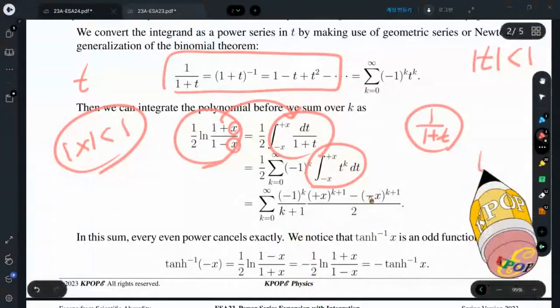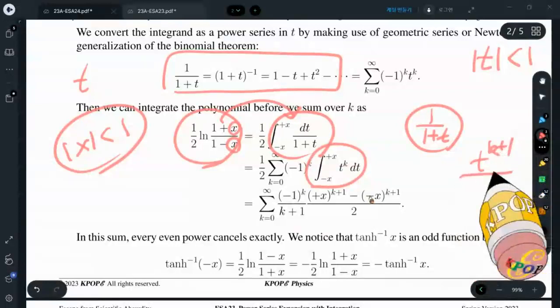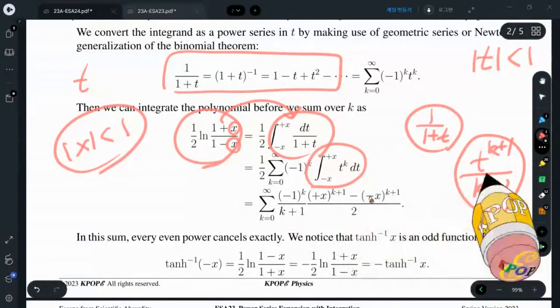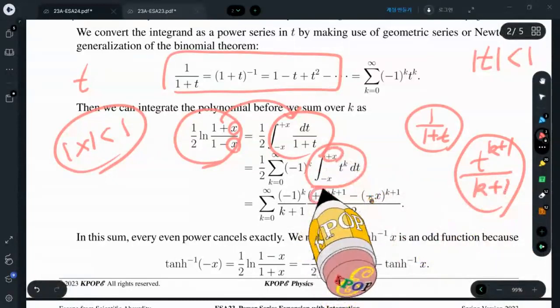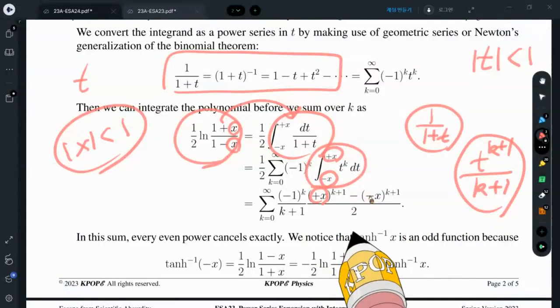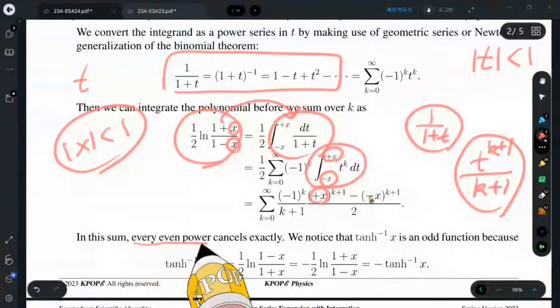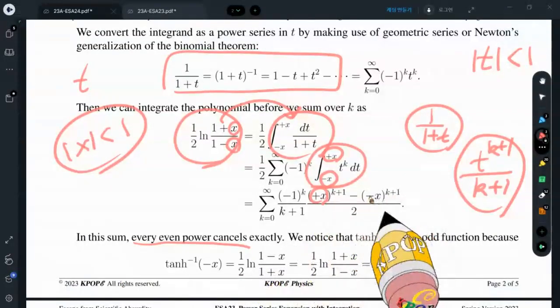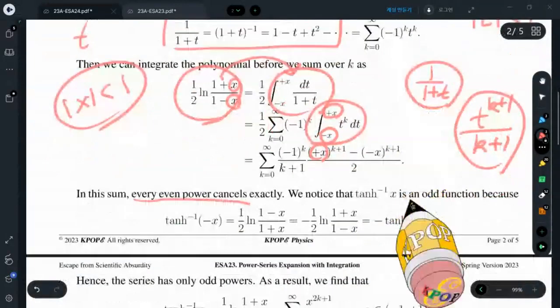This is t to the k plus 1 divided by k plus 1. What I need to do is substitute plus x and minus x. We know every even power cancels and odd power only survives as twice.